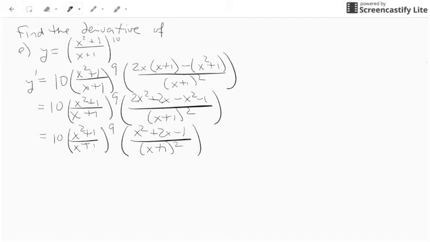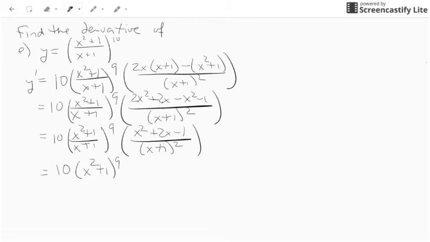Now, I don't think I can factor that numerator any more than that. At least it's not looking like it. But look what I can do with the denominator. I've got this 10, and I'm going to write this as x squared plus 1 to the 9. I'm separating the numerator and the denominator there.